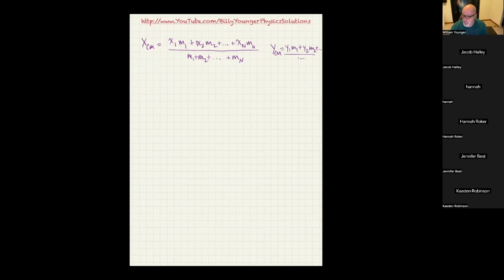But what if it wasn't discrete? Well, then we're going to pretend it's continuous, even though atoms exist. And in that case, we'd say X center of mass would be the integral of X dm over the integral of dm, where dm is going to be equal to either a linear density, lambda times dl, or an area density, which would be sigma times dA for area, or a volume density, rho, times dV.